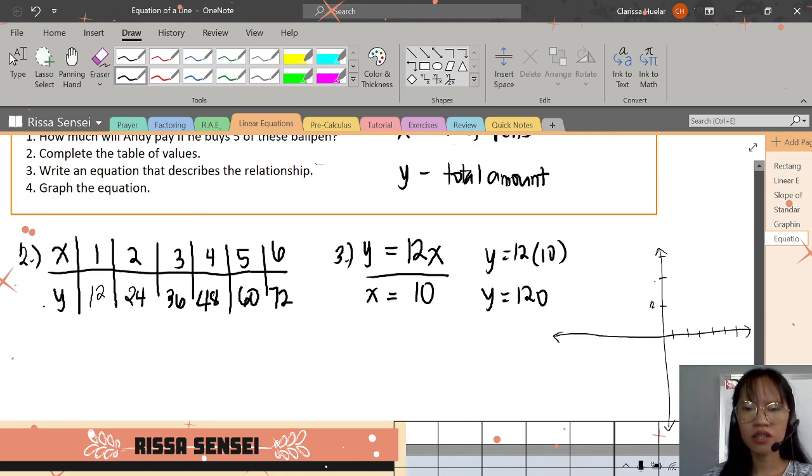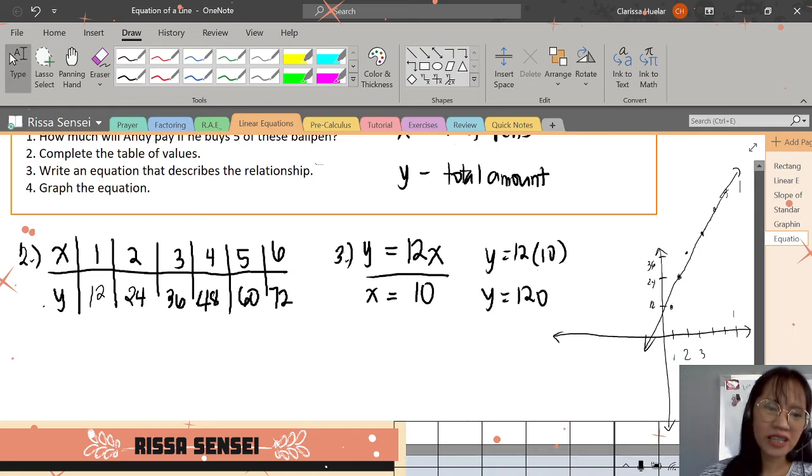So, halimbawa, ito ay 12, ito 24, ito ay 36. So, ano nangyayari? Pataas ng pataas. So, increasing. But this is a straight line. Don't get me wrong.